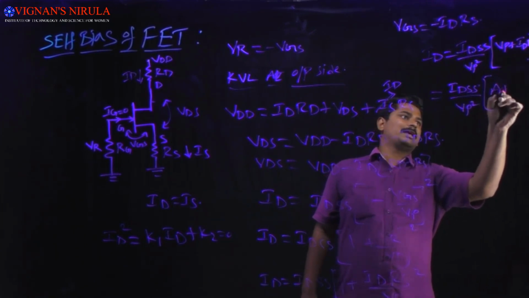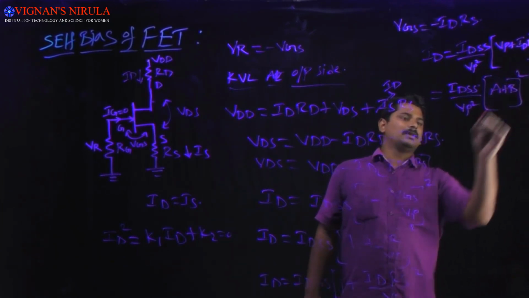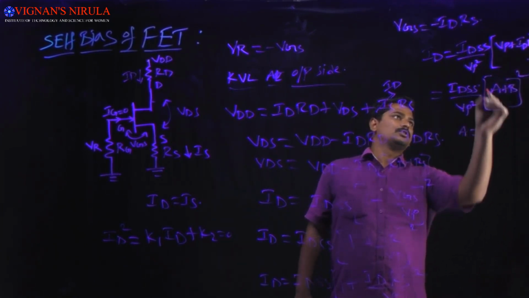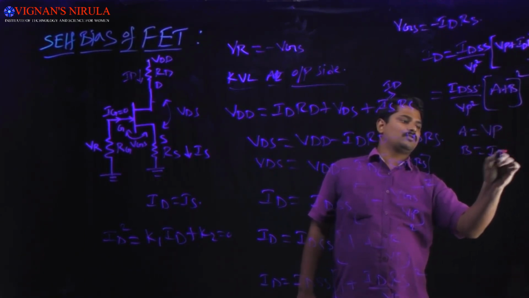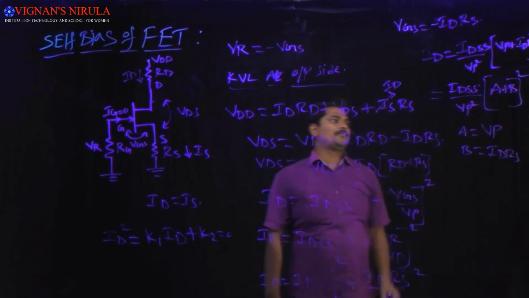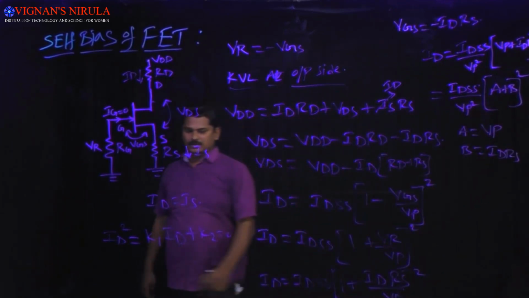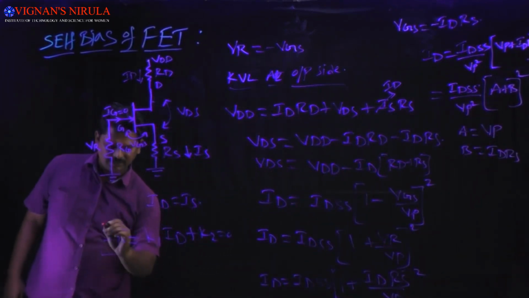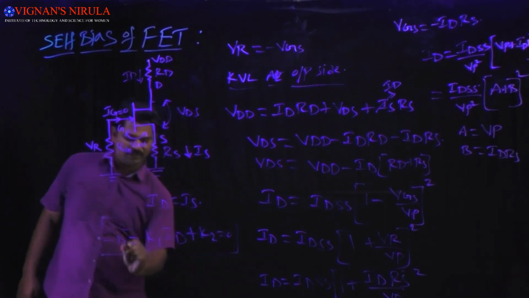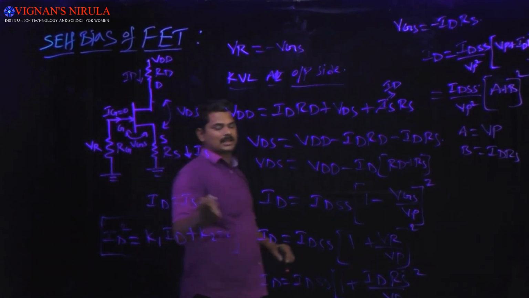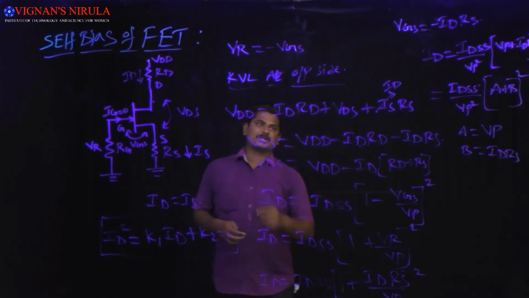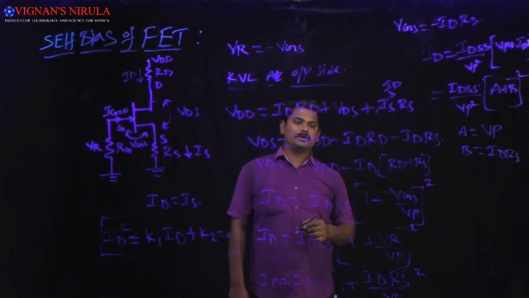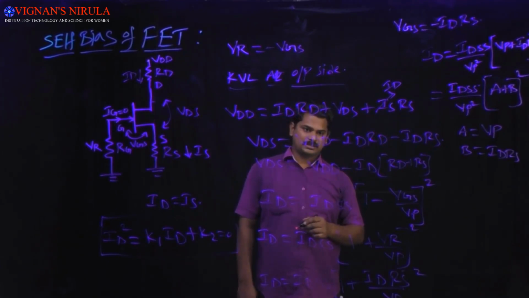Consider this as an (A plus B) whole square formula, where A equals VP and B equals ID into RS. In this way we get the solution for this equation. Similarly, with the help of this ID and VGS value, we indicate the Q point, in the middle of the transfer characteristics curve.